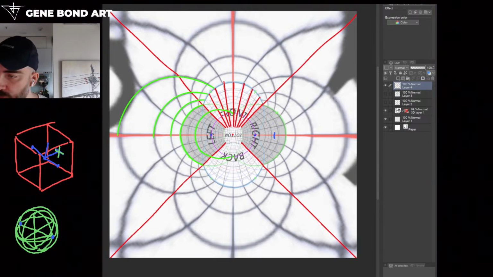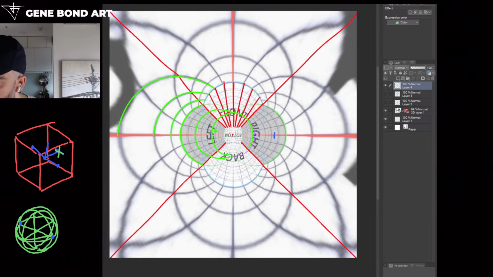So for the z-axis, we actually have two circles. One circle shows 0 angle because it lies on the horizon line, going through the x vanishing point.